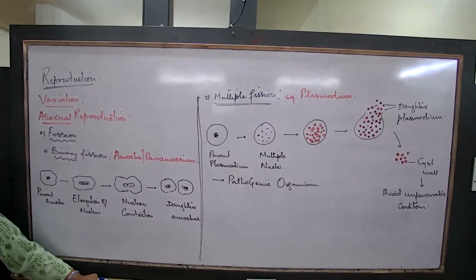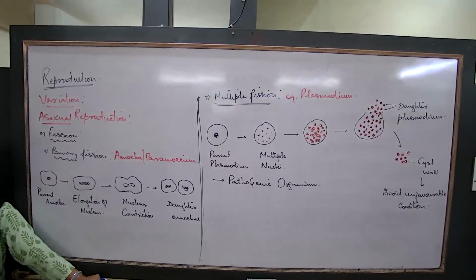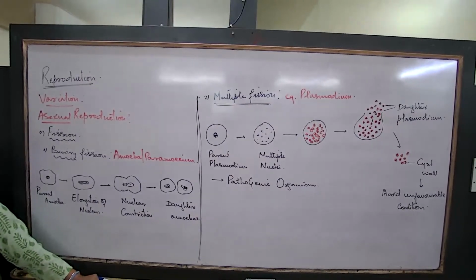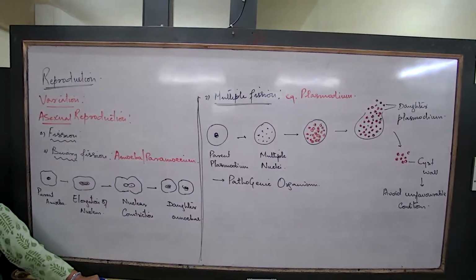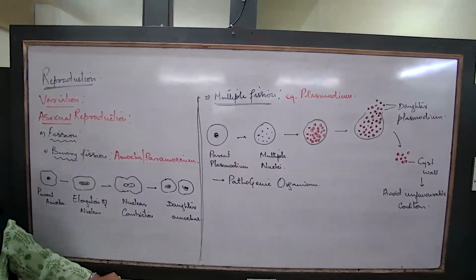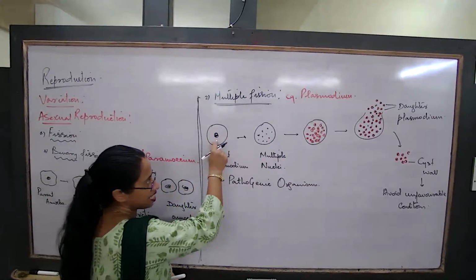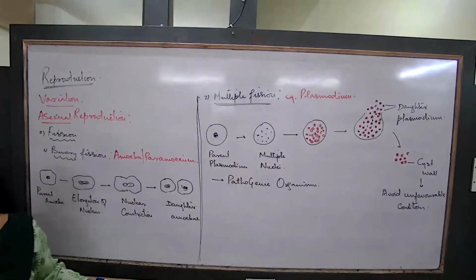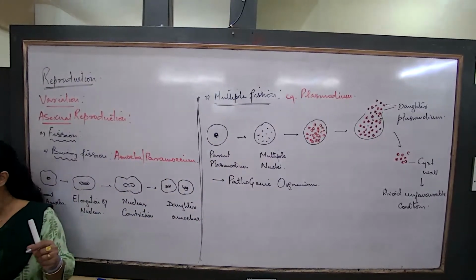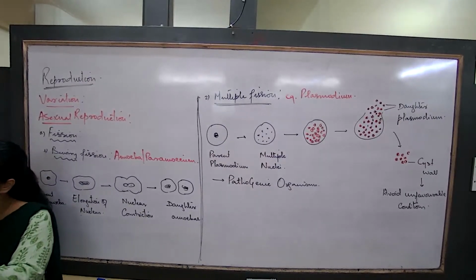Explain the multiple fission. In multiple fission, the parent cell will show nuclear division multiple times. The nucleus breaks up into a number of fragments. Then once an appreciable number of fragments are formed, the cytoplasm, the cell has got cytoplasm also, yes or no? This cytoplasm will break up into multiple fragments, and every smaller nuclear fragment gets wrapped up by a small amount of cytoplasm as well.